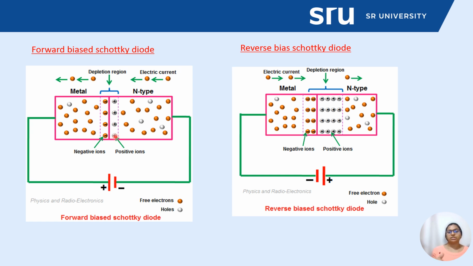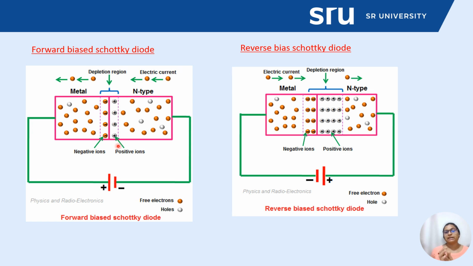And if the applied voltage is continuously increasing, then this layer becomes very thin and finally it will disappear. However, in the reverse bias condition, when we apply the voltage, the depletion layer becomes thick, that means increasing, and as a result the electric current stops flowing.